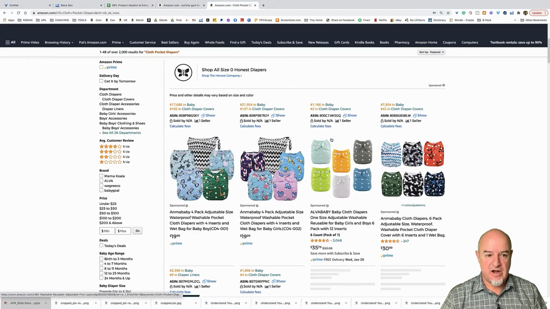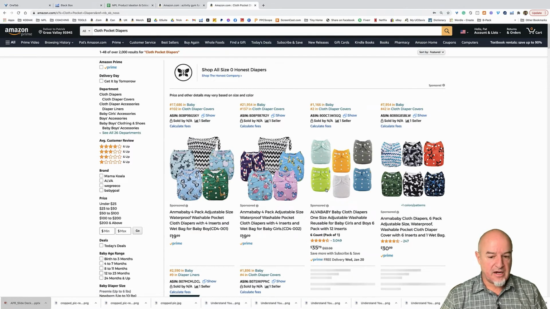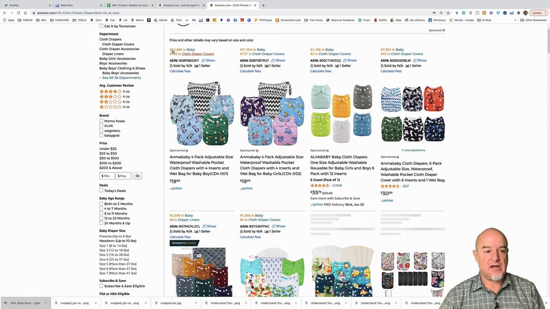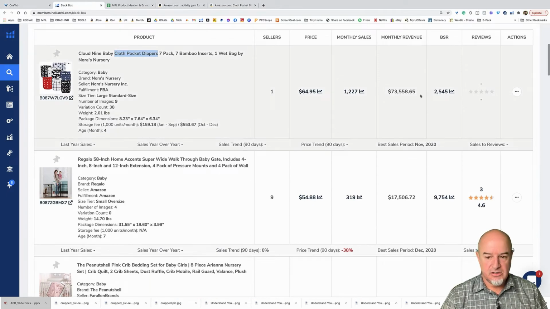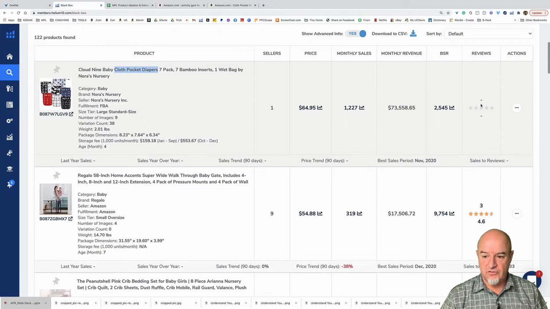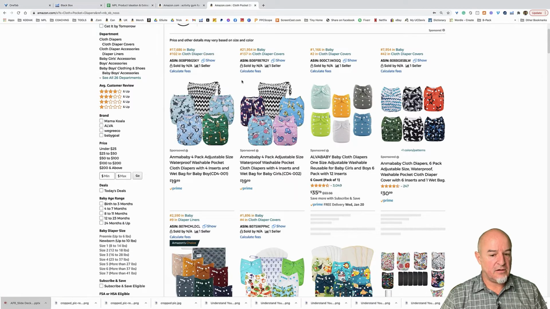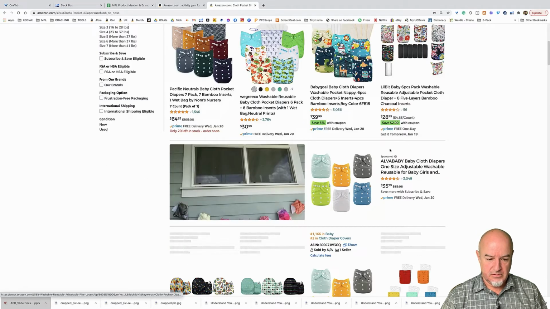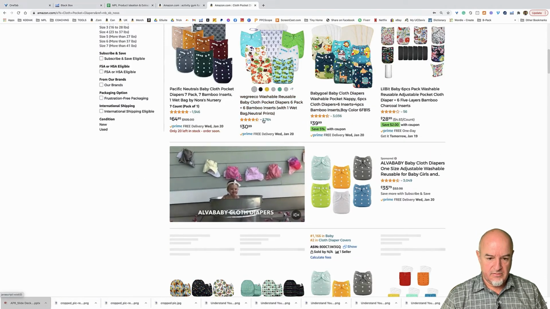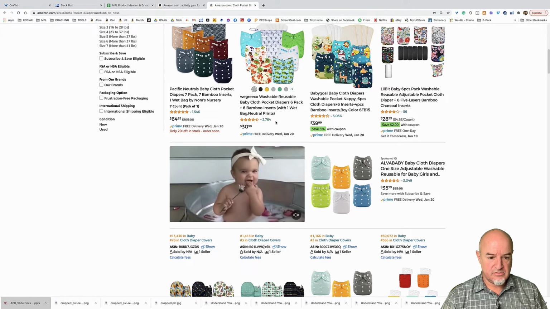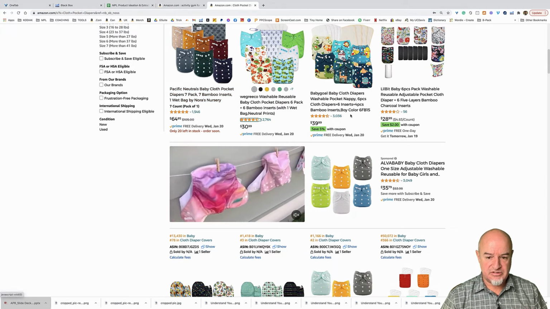But as you can see right out of the gates, cloth pocket diapers, while that one seller back here in Black Box is doing so with 0 reviews, is supposedly selling $74,000 in monthly revenue, they are in a market that has 4-digit review sellers in the top 3 positions here.